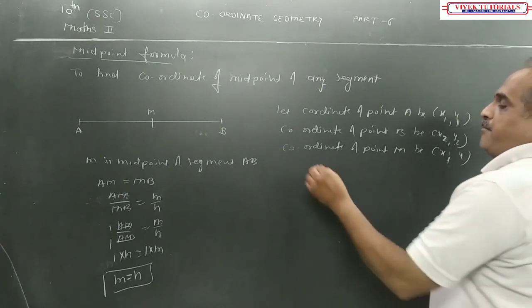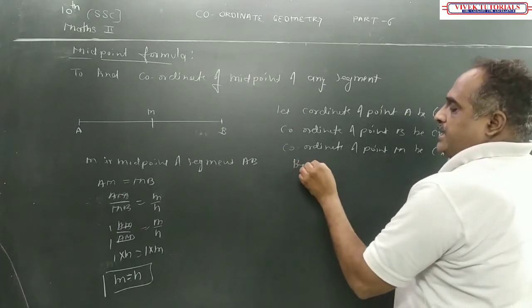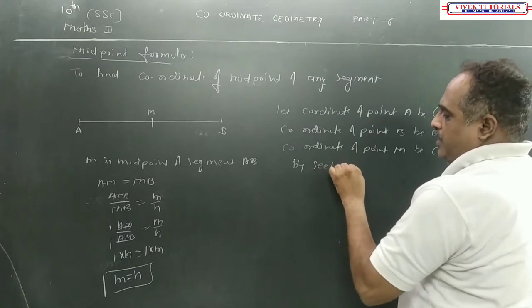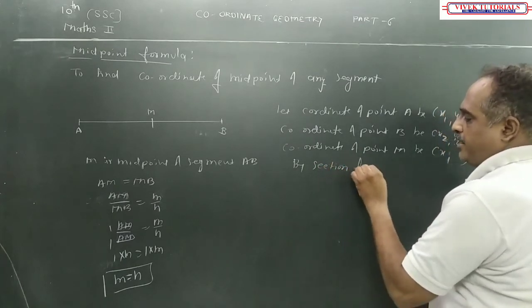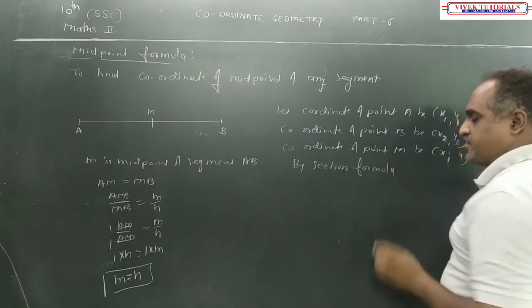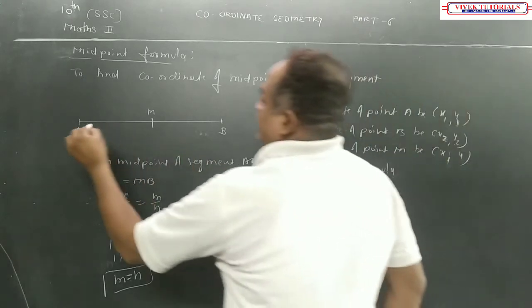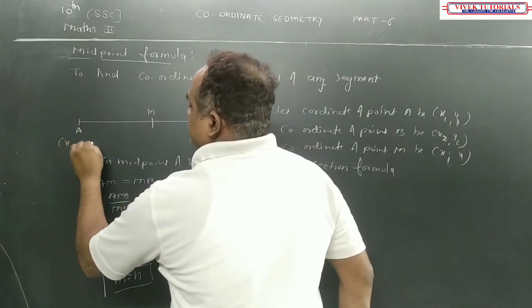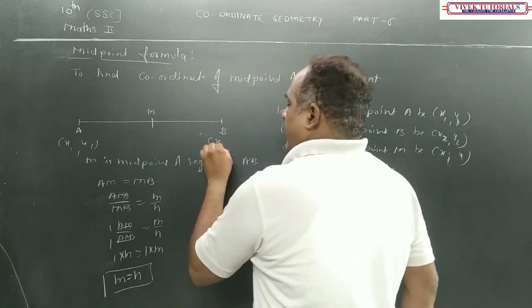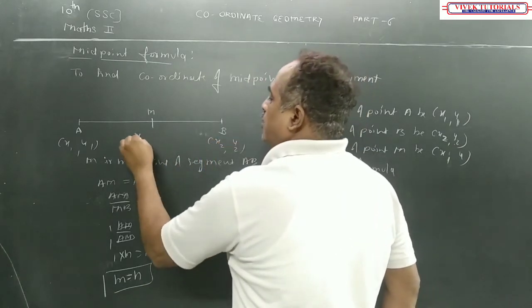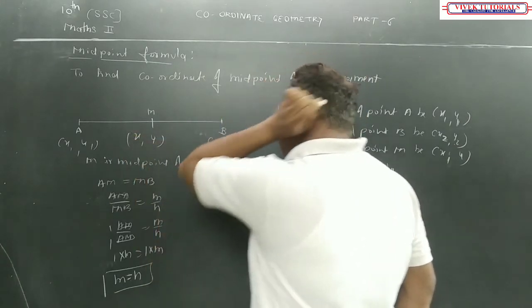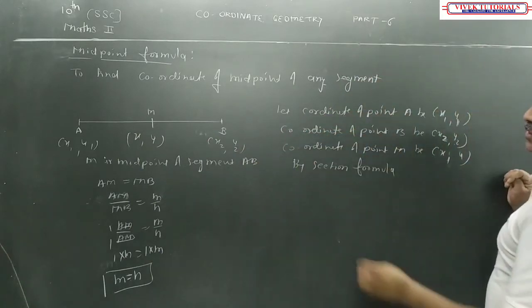Then by section formula, आप लोग खाली section formula लिखोगे, but you know that it is a section formula for internal division. So this I have taken as x1 y1, ये है x2 y2 और ये लिया xy। Is it right?